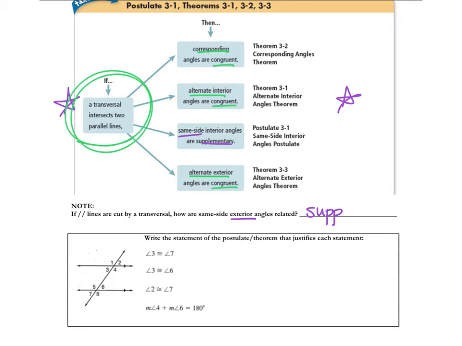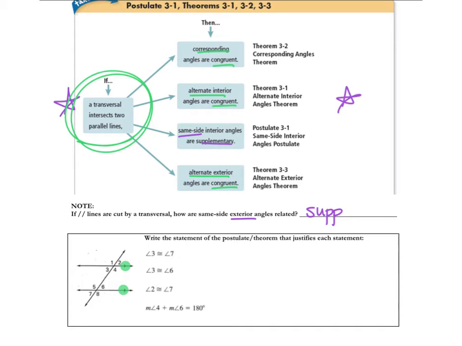Okay, so in this next picture, you're shown on the diagram that the lines are parallel because they've got the little triangles there showing that. Why is angle 3 congruent to angle 7? We're going to write a statement that would justify why that's true. Okay, so how are 3 and 7 related?